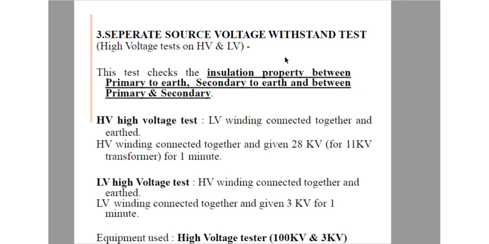The third subtype of routine test is separate source voltage withstand test. It means we have to make the high voltage test on high voltage side and low voltage side. Let's say this test checks the insulation property between primary to earth, secondary to earth and between primary and secondary.